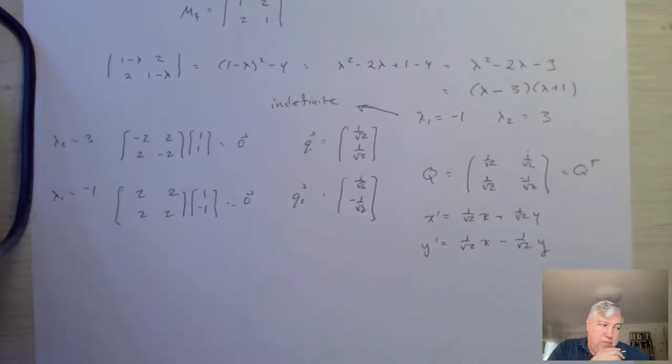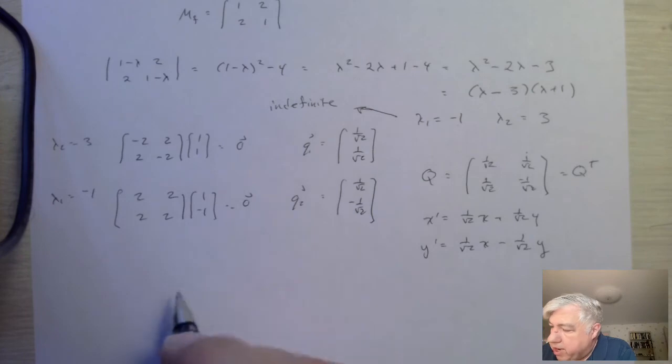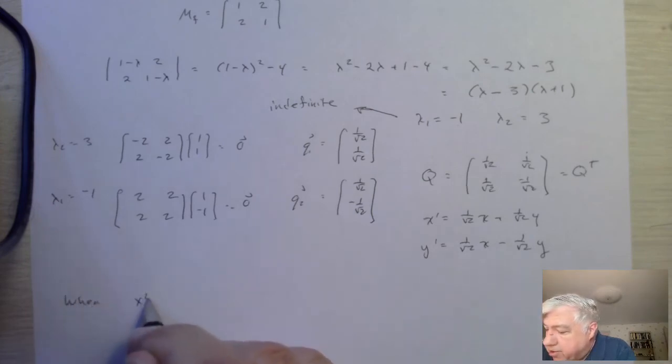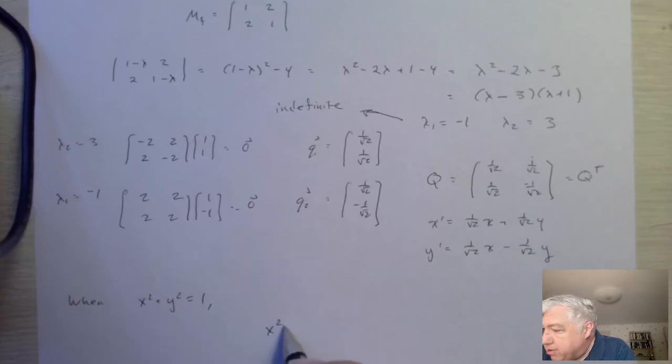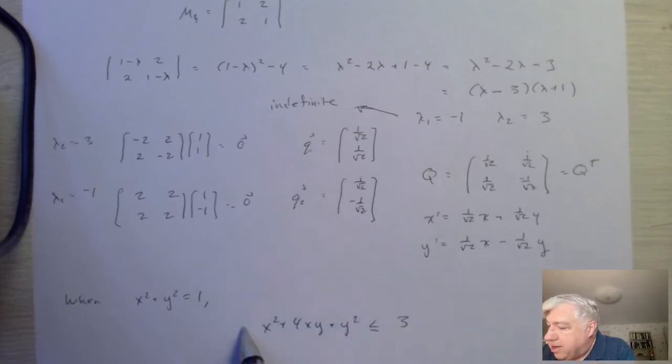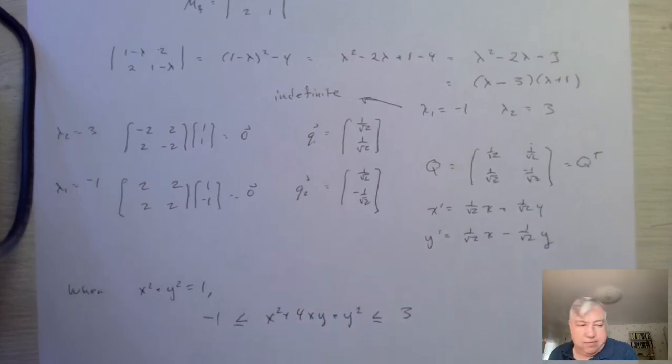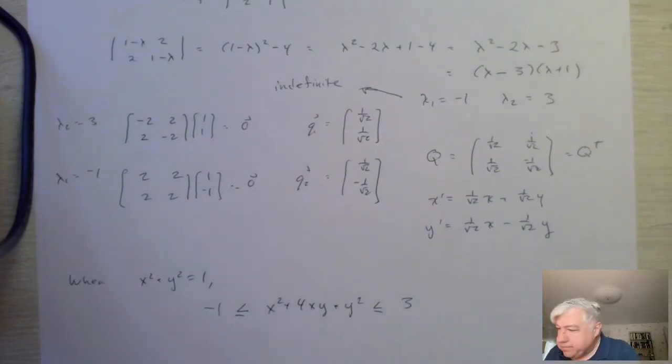And we can see that when x squared plus y squared equals 1, this quadratic form is bounded by these eigenvalues, 3 and negative 1.